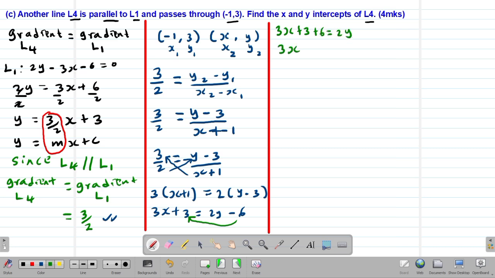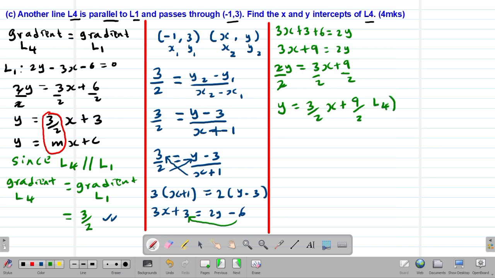So this is 3x plus 9 equals 2y, which can be rearranged as 2y equals 3x plus 9. Then I'll divide through by 2, so that I end up with y being equal to 3/2x plus 9/2. Therefore, this is the equation for the line L4: y equals 3/2x plus 9/2.